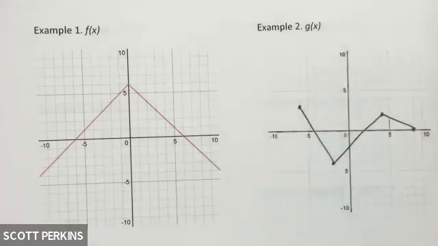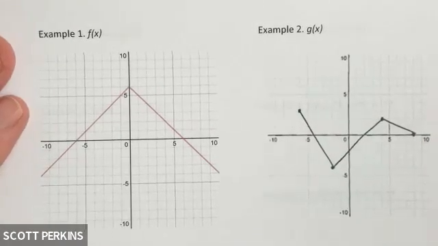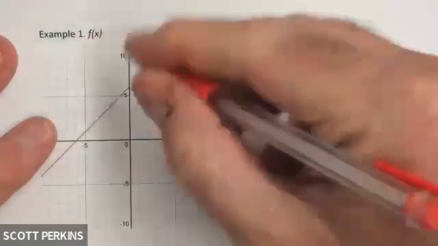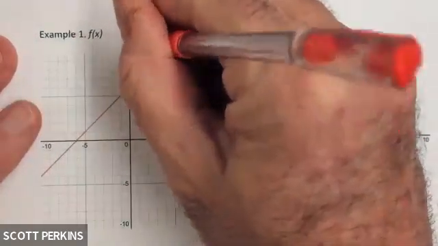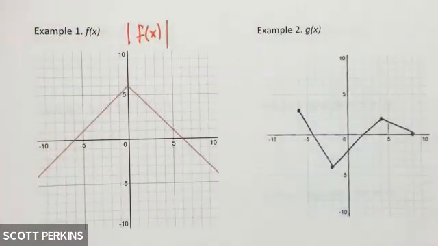It's been moved up 6. The first skill we're going to practice today is I want to take this graph and now graph the absolute value of f of x. I want to know if I take the absolute value of this whole function, what does it do?